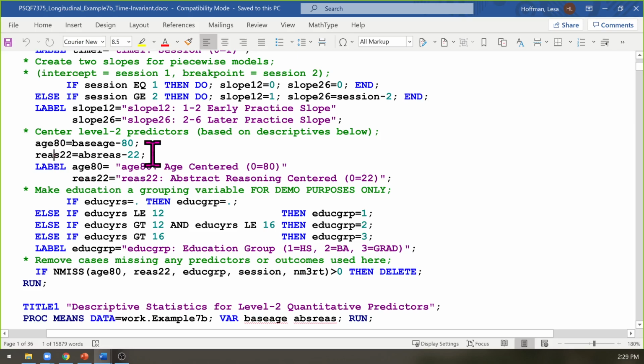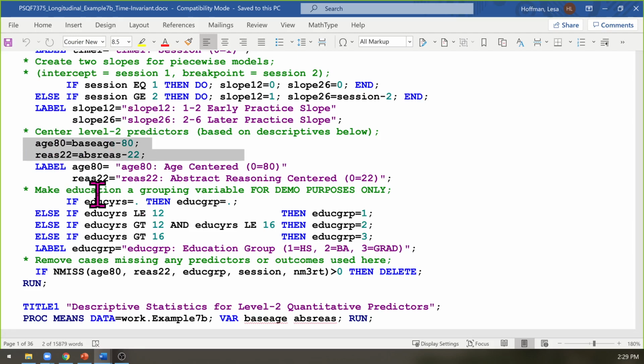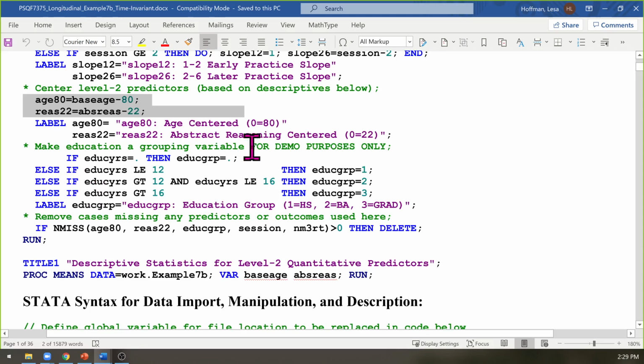So I have 2 quantitative predictors that we'll be examining as moderators of change over time. And I needed a categorical predictor so that I could show you how to do it that way. And these data didn't actually have one, so I made one. So note the caveat here in capital letters: for demonstration purposes only, I cut up this variable. In practice, you never want to take a quantitative variable and chop it up into pieces.